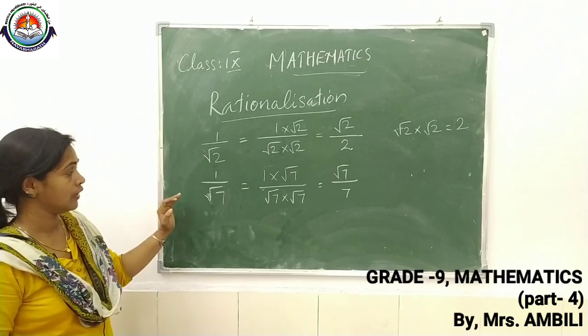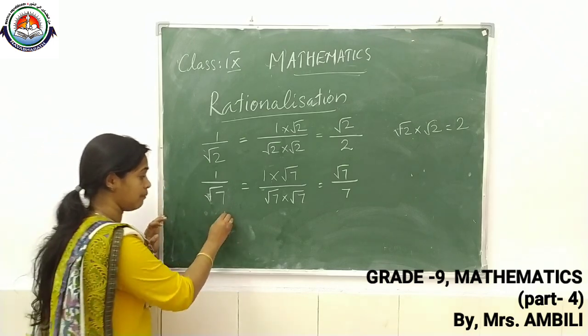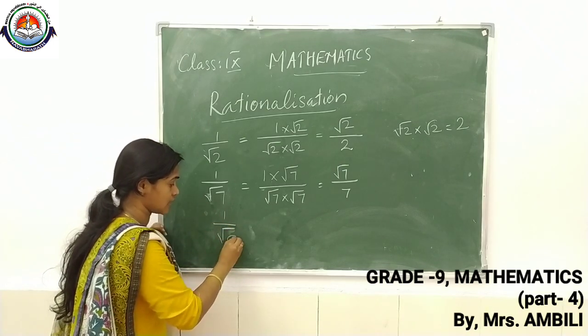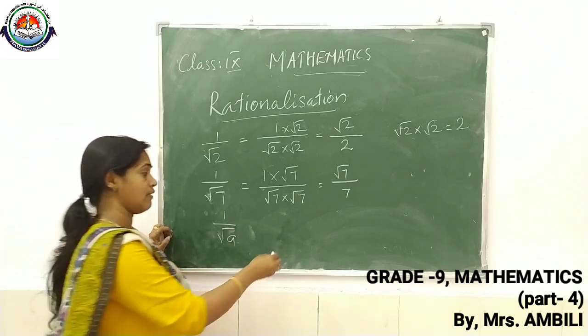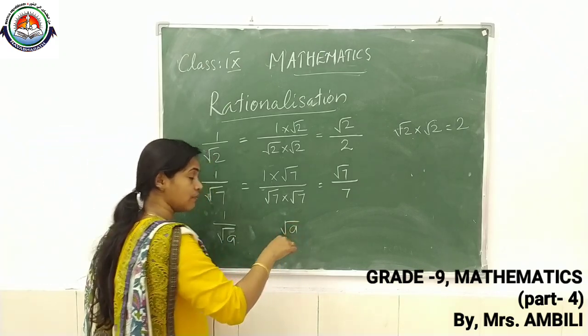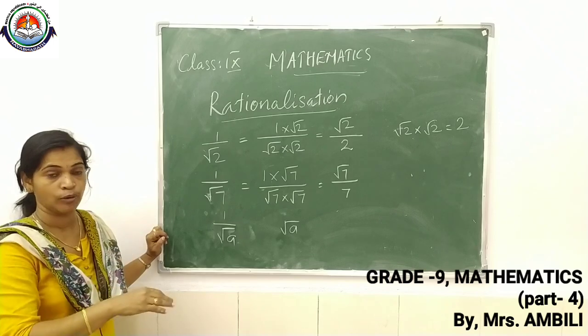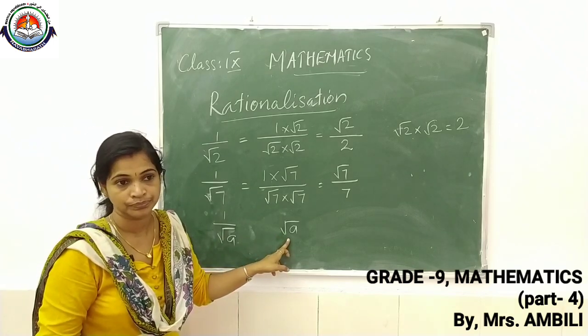Now we have discussed the denominator containing only one term. If the denominator is root a, the rationalizing factor is root a, so we need to multiply the numerator and denominator with root a. Clear?